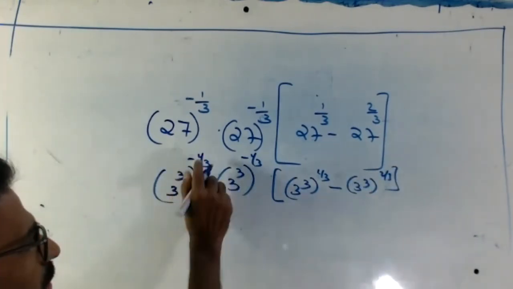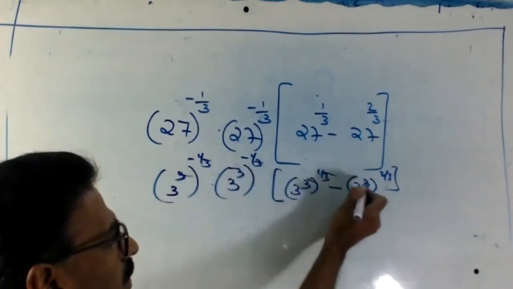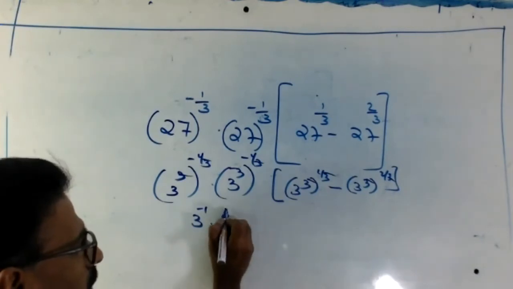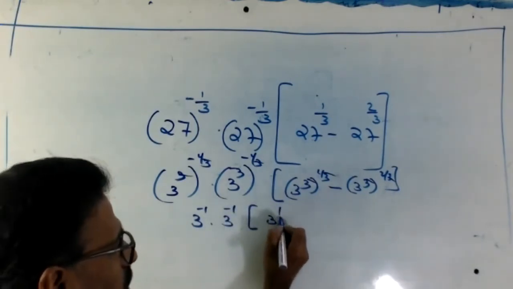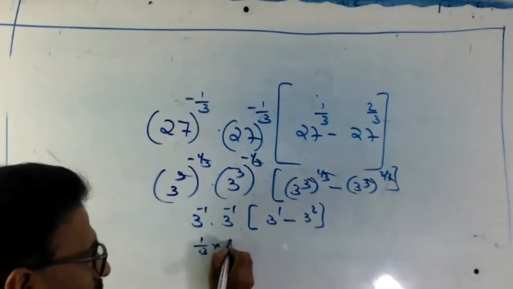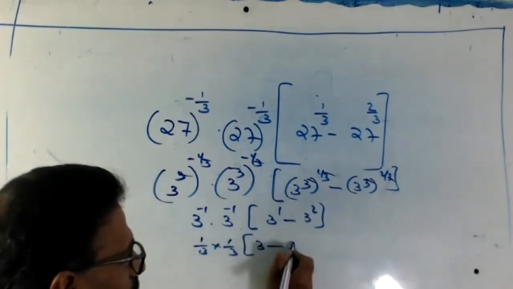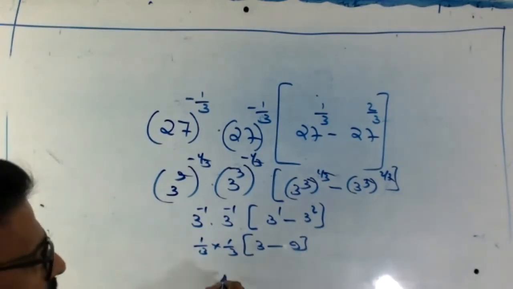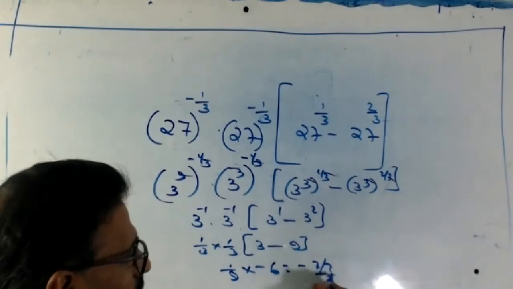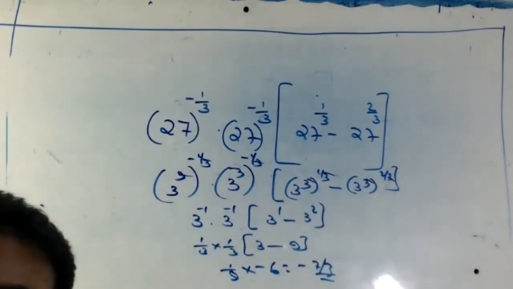Cancel. 3 raised to minus 1 into 3 raised to 1 minus 3 squared. 1 by 3 into 3 minus 9. 1 by 9 into minus 6. Minus 2 by 3. The answer is minus 2 by 3.